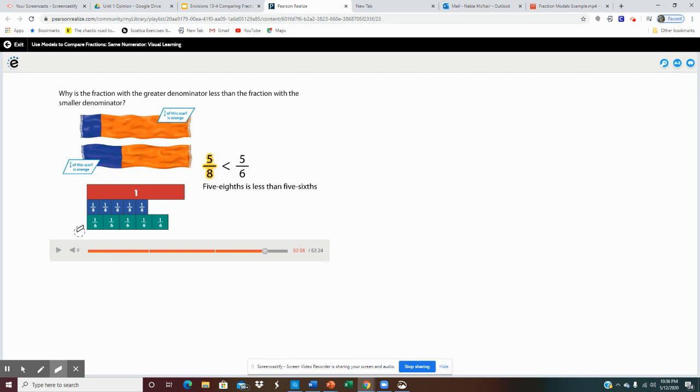And we have to cut the whole for 5/6 into 6 pieces. So the more pieces we have, the smaller the pieces. Because the greater denominator means the whole is divided into more parts. As the denominator gets bigger, each part gets smaller.